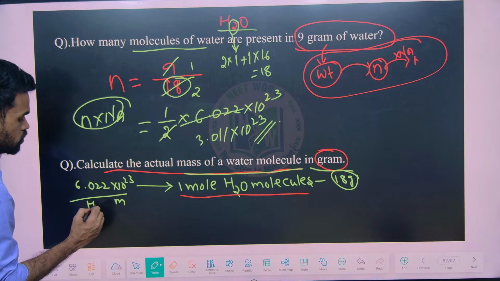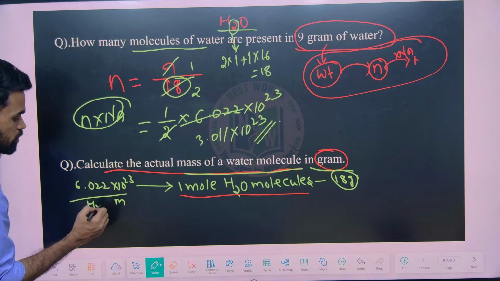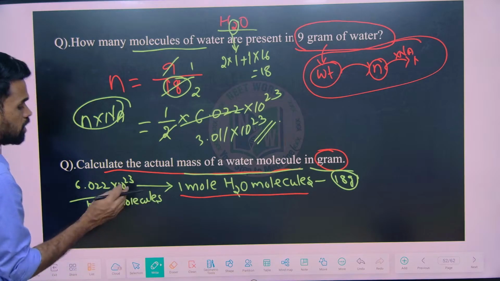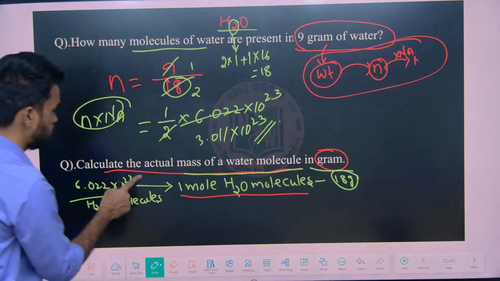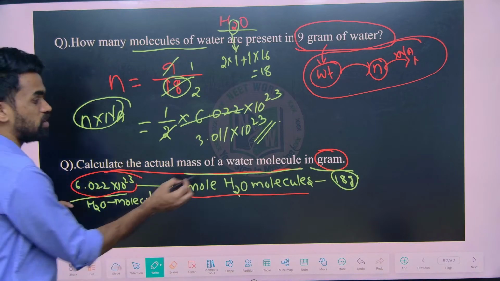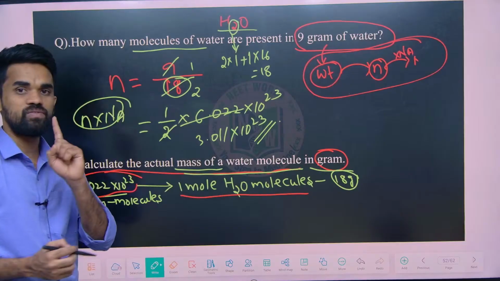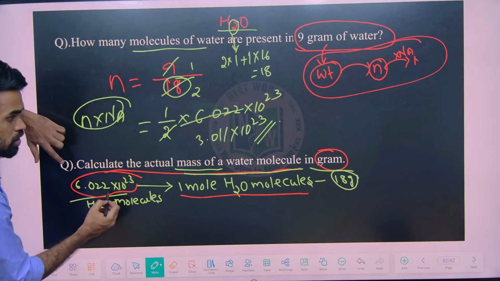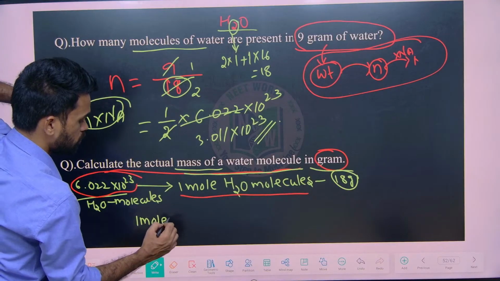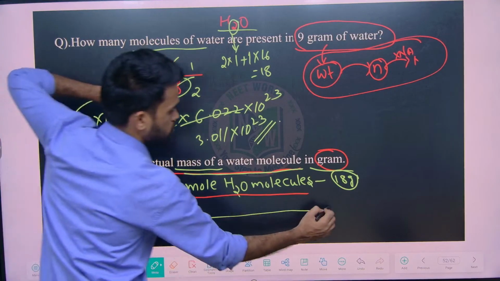So in 18 grams, 6.02 into 10 power 23 water molecules are there. But they are not asking for 1 mole, they are asking for the mass of 1 molecule. So this many molecules weigh 18 grams. For 1 molecule, how many grams?